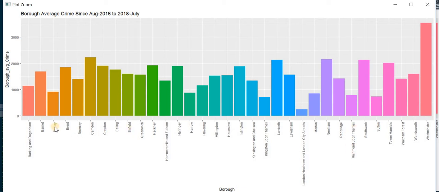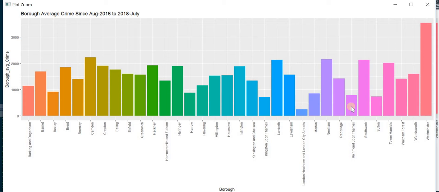Then there's Bexley, Harrow. I know quite a few friends from Harrow. You can see these big peaks like Newham. We used to live in Newham, so we know it. There's Camden on the higher crime side. There's Hackney, Haringey, Islington, Lambeth, Southwark, Tower Hamlets, and so on.